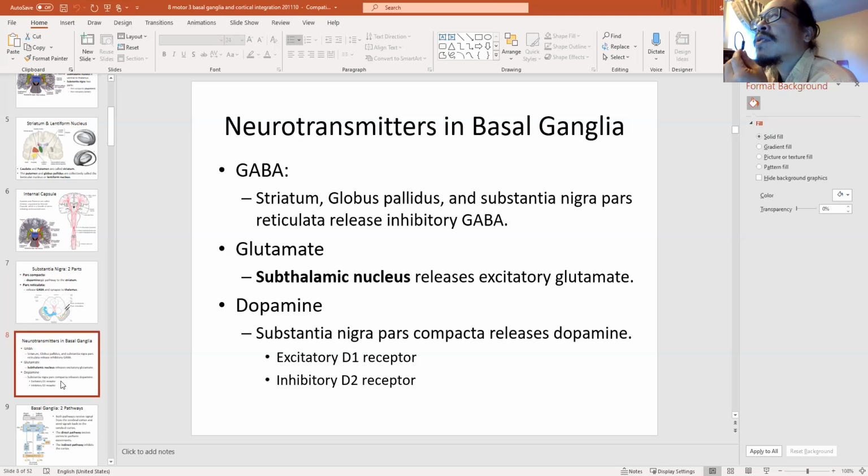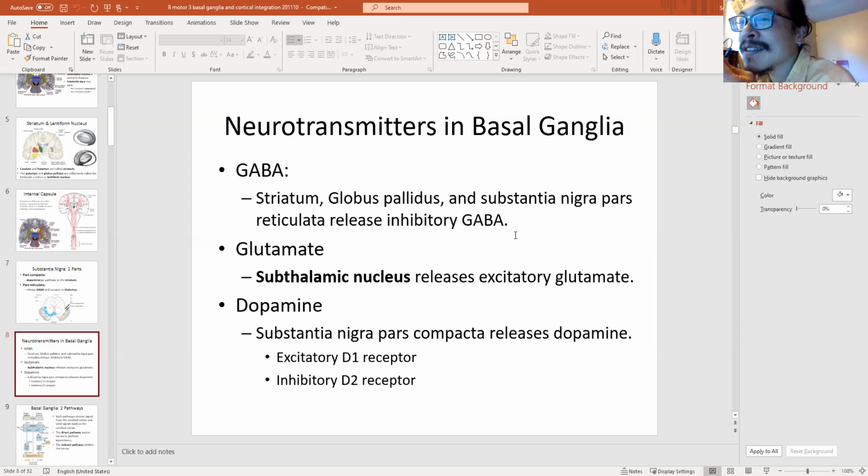The neurotransmitter inside the basal ganglia is all GABA. There are two exceptions, but except for these two, they are all GABA. So GABA is the major one. The striatum, including the caudate and the putamen, the globus pallidus, and the substantia nigra pars reticulata all release GABA.